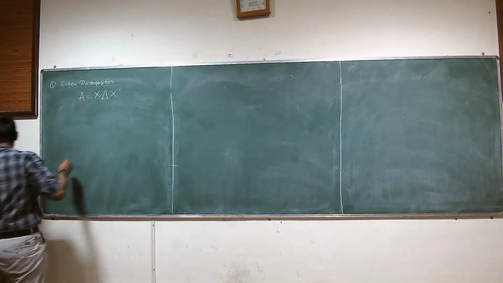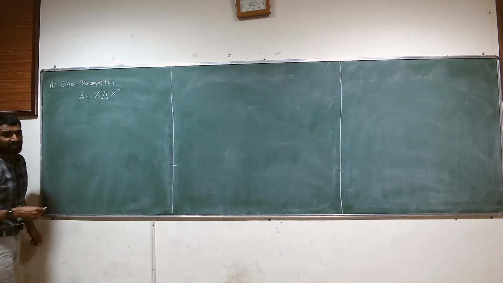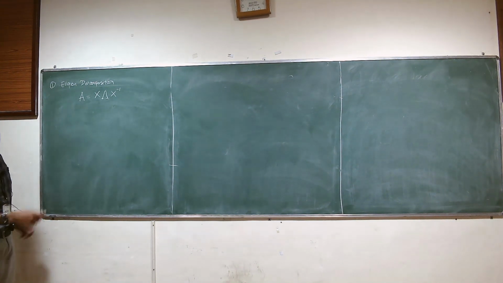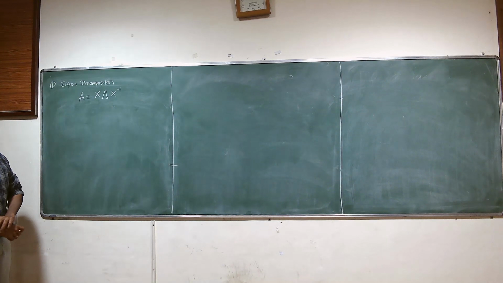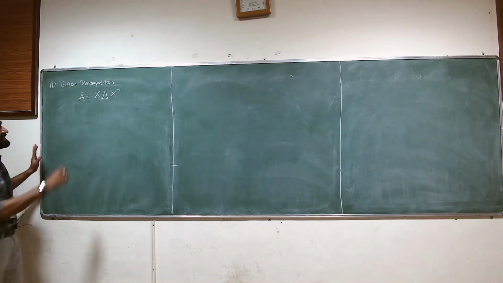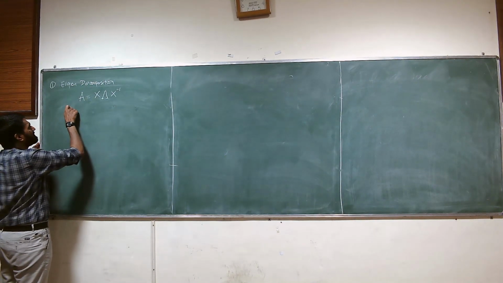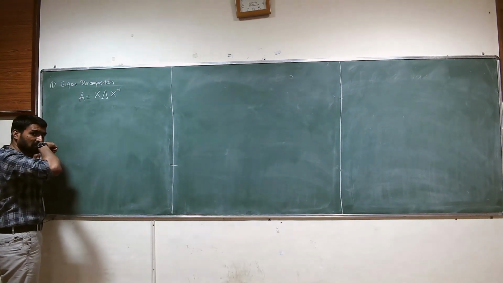And can you always do this? What is the condition for this to happen? For you to decompose A, what does that mean? In terms of eigenvectors? The eigenvectors have to be present, like all the eigenvectors.